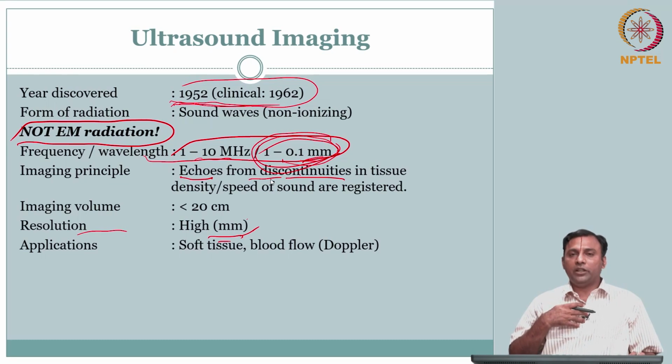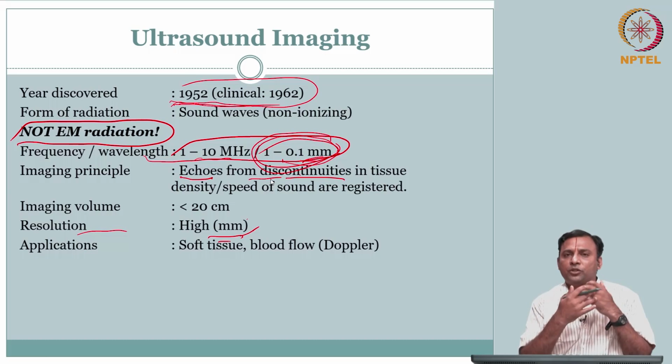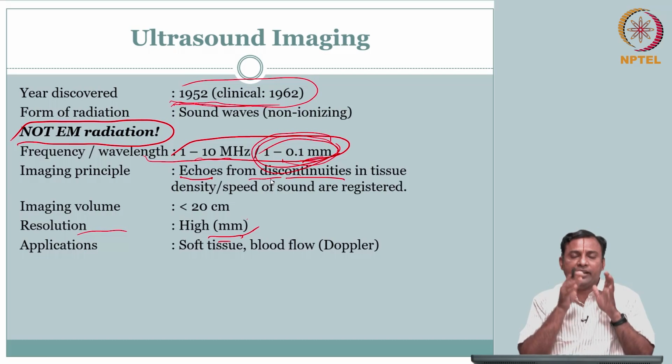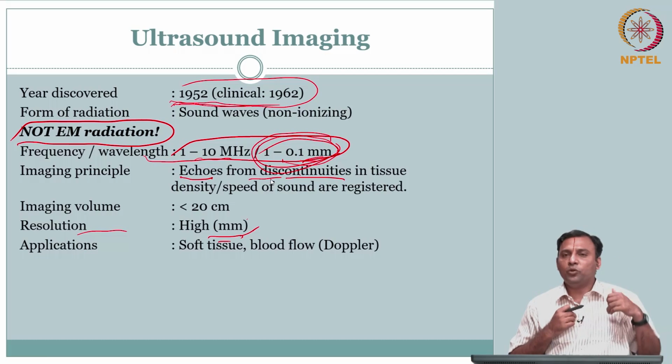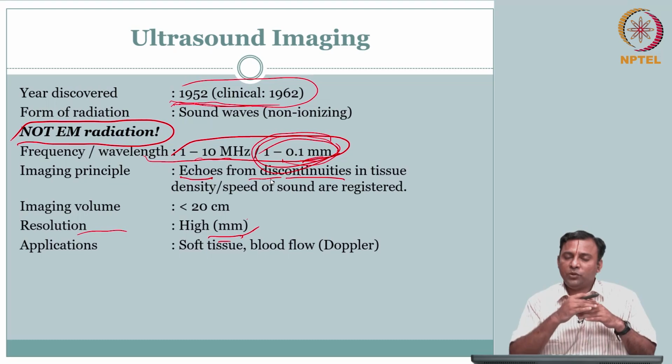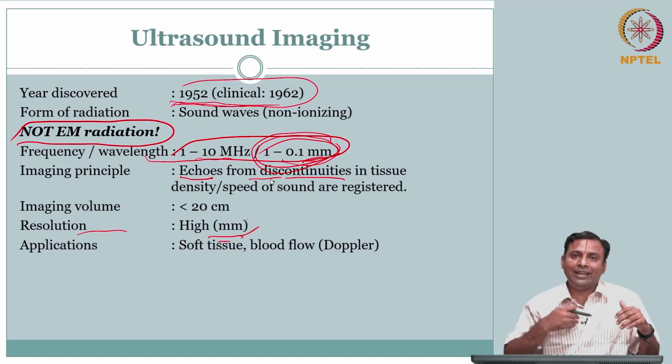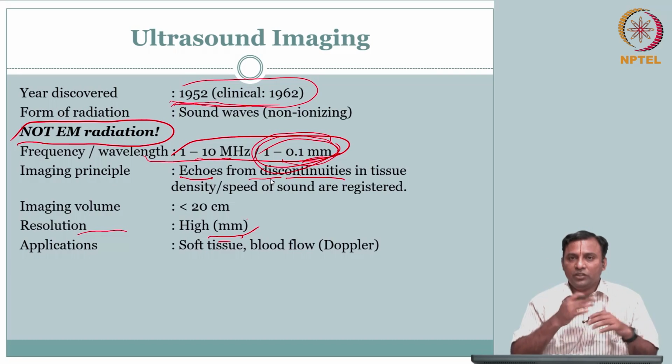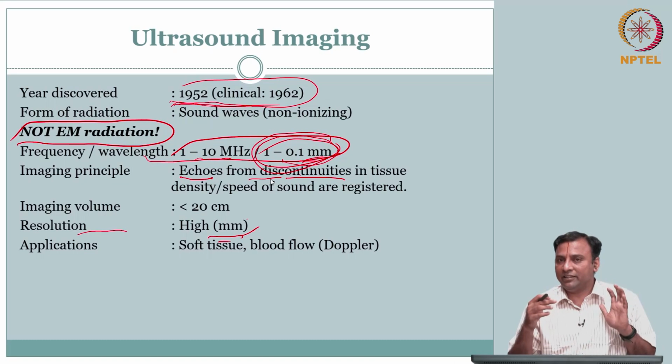So echoes from discontinuities in tissue. When you send sound through the tissue, there are a lot of interfaces and obstacles. The path is not straight, it is not just pure water from outside your body to inside. There are soft tissues, each one slightly different from another, and these are obstructions to the path of the sound that you are releasing into the body. So you are going to get echoes in several directions.